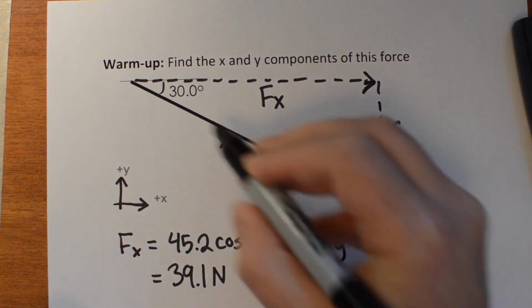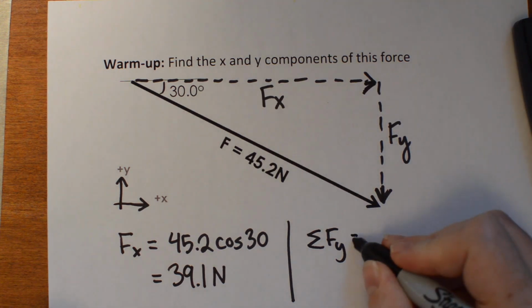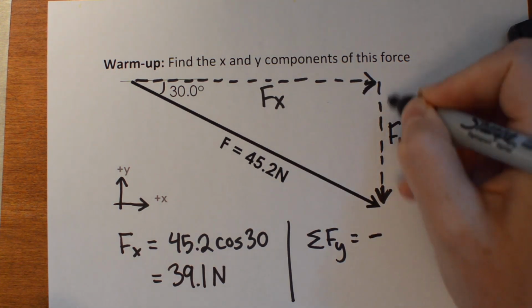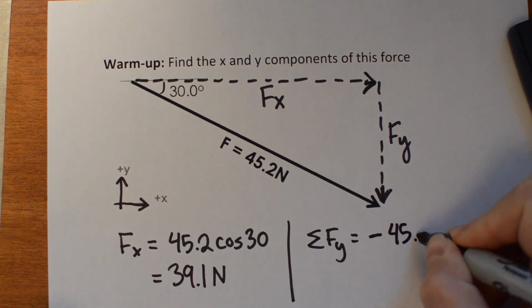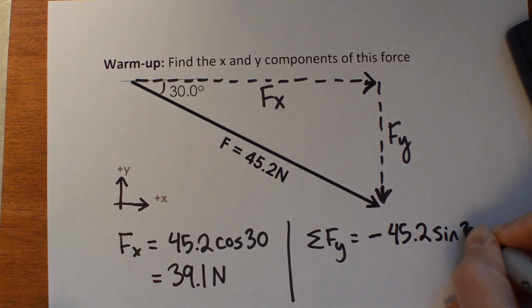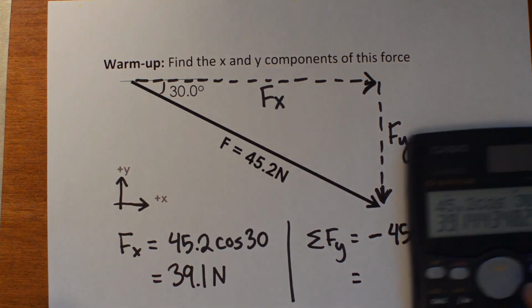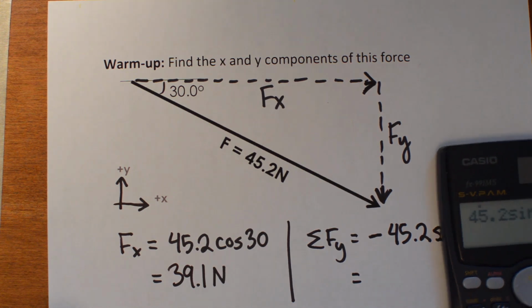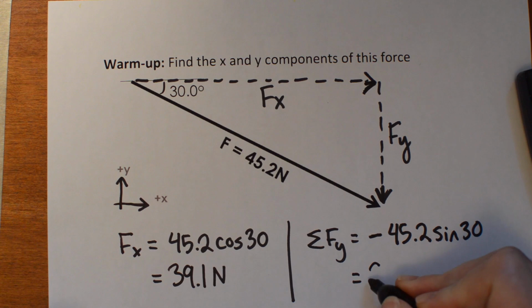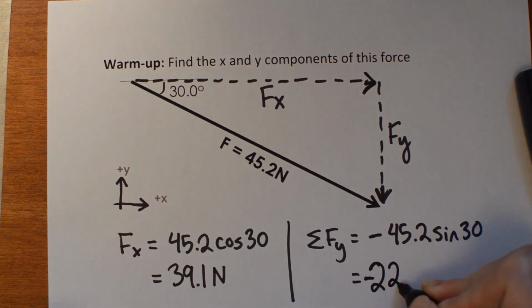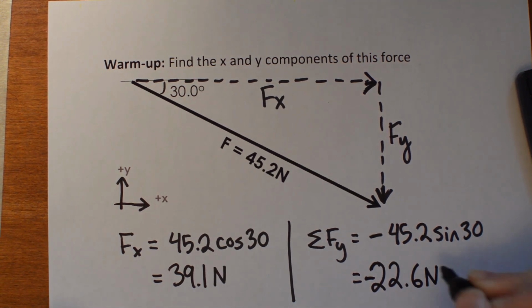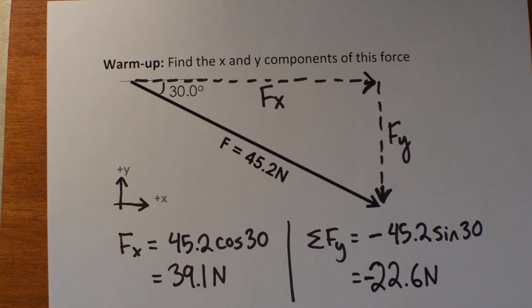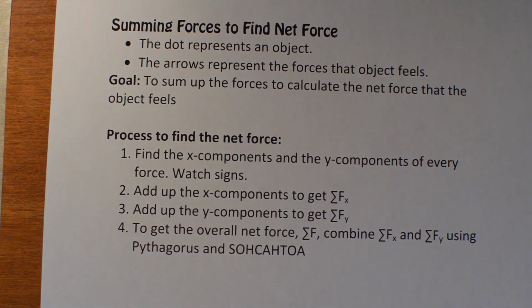Fy is far away from my angle, so it's going to be sine, so it'll be negative because it's down. 45.2 sine 30 is negative 22.6 newtons. Awesome.